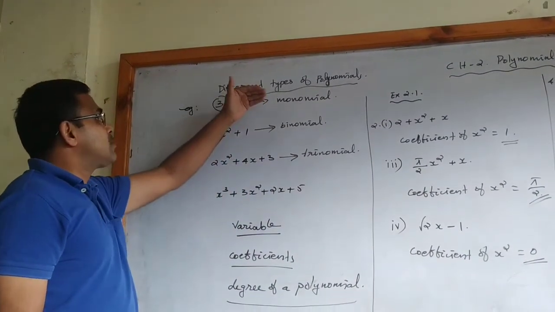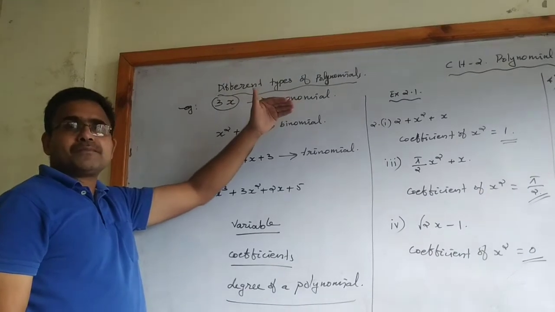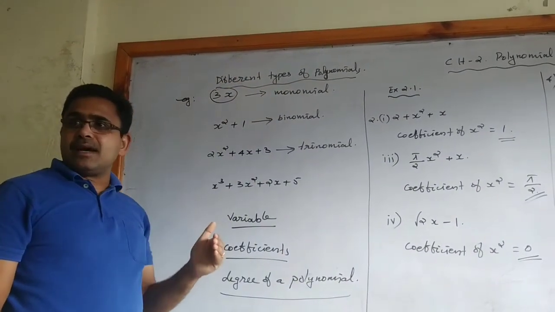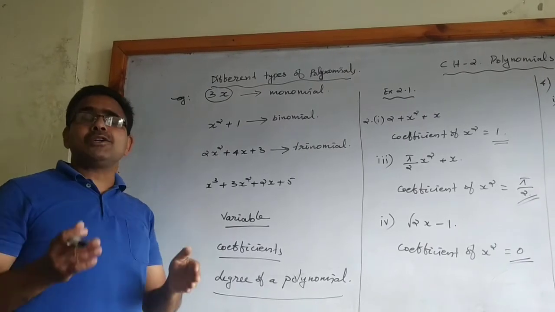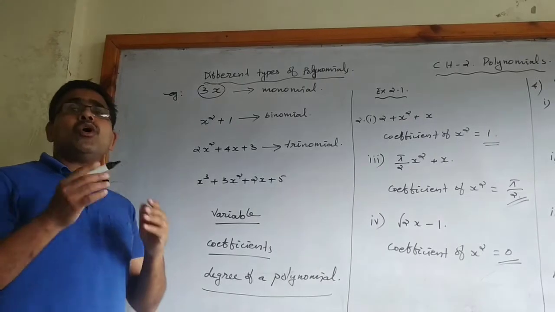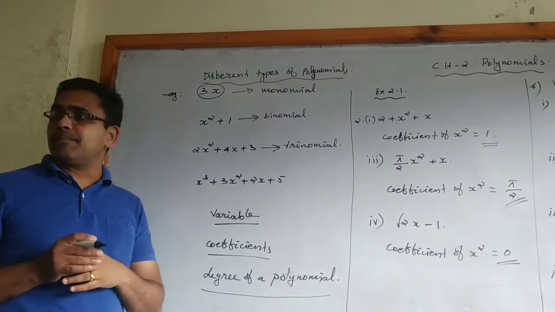Here we come back to what a polynomial is. If an algebraic expression has two or more terms, we call it a polynomial.